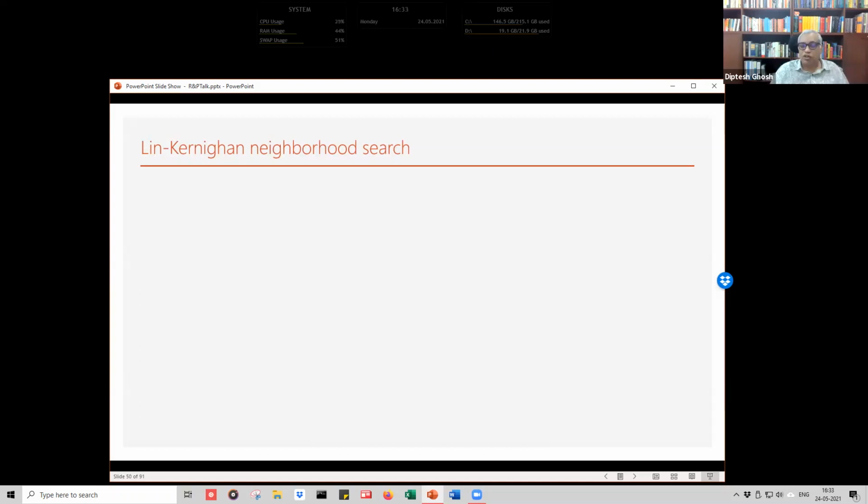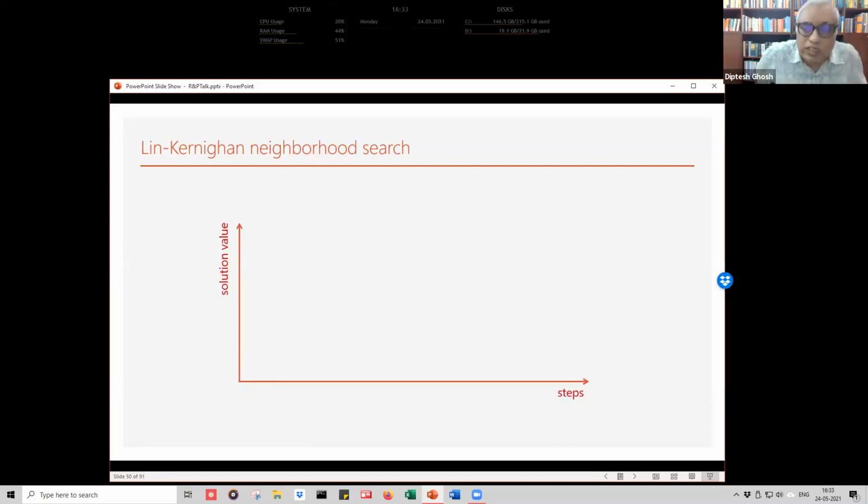an example. So let us say that I have a solution from which I can run different local search iterations and get to other solutions, the best solution in the neighborhood. And I plot that solution value. Let us also say I'm solving a maximization problem where the higher the solution value, the better the solution is.